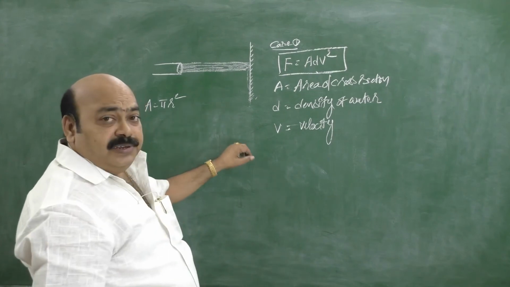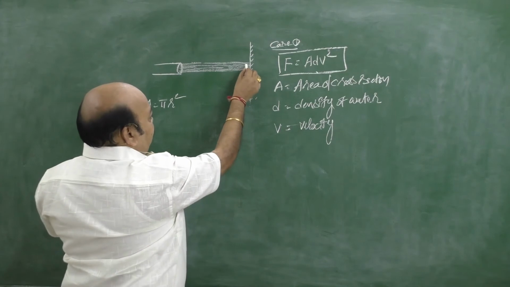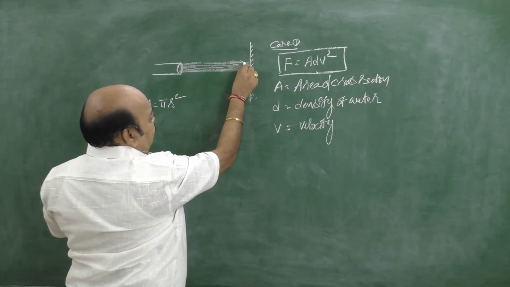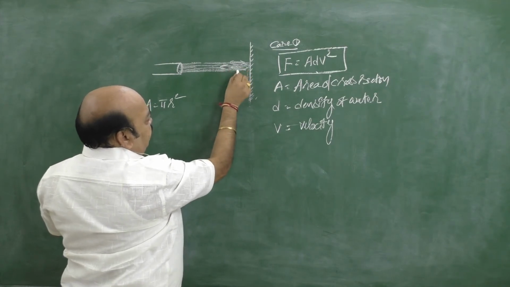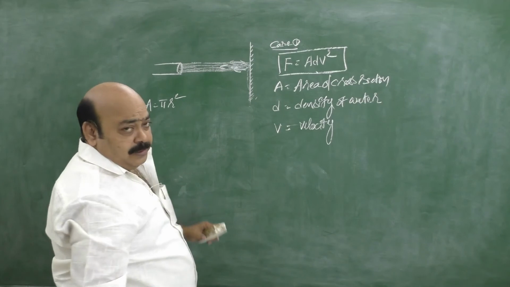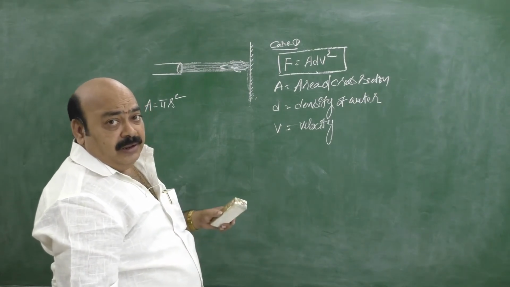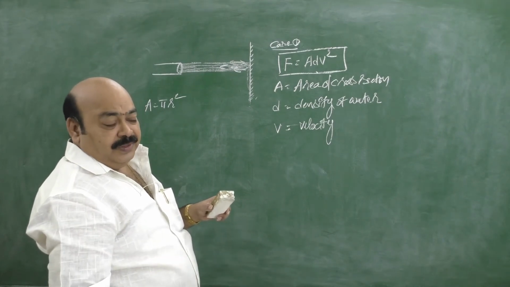Check this case, a small change. After hitting the wall, if the water rebounds, that means they strike the wall and once again rebound with the same speed, as we discussed in the previous case when the sphere strikes a metal plate and rebounds.